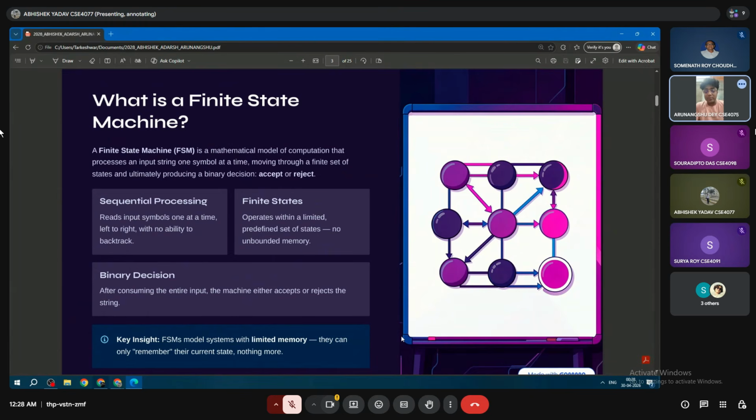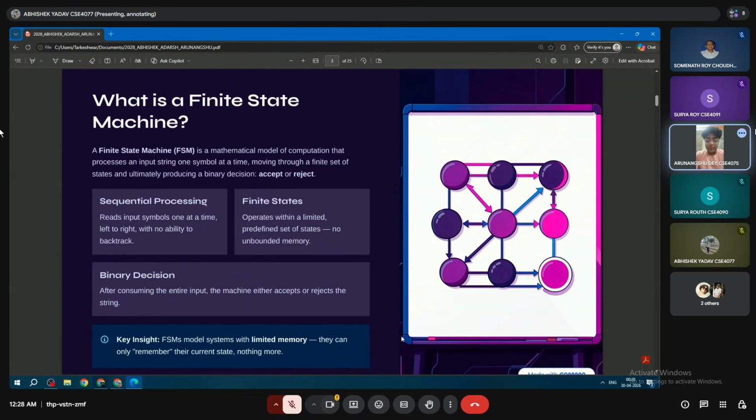So here two parts are sequential processing and finite states. Sequential processing is reading input symbols one at a time, left to right, with no ability to backtrack. Finite state means it operates within a limited predefined set of states. And binary decision means that after consuming the entire input, the machine either accepts or rejects the string. Next slide, please.